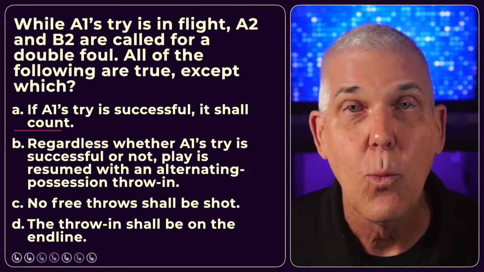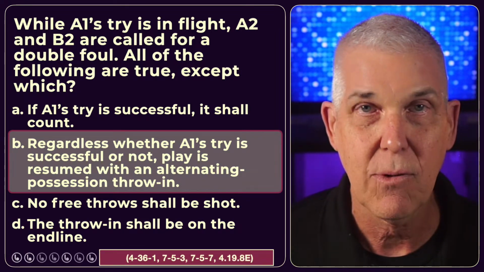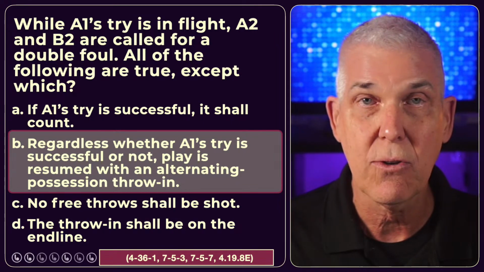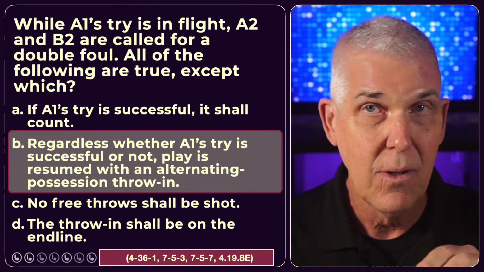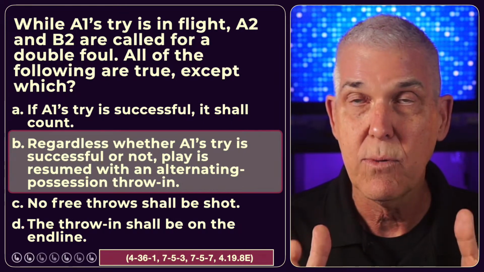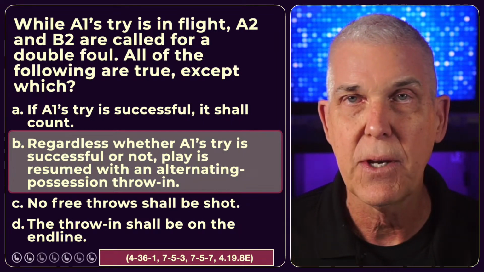So our correct answer, which is true except this is not a true statement. Regardless of whether the try is successful or not, play will be resumed with an alternating possession throw-in. If the try was unsuccessful, then we would have a situation where the ball is dead and neither team is awarded the resulting throw-in. We would go to the possession arrow to determine who.